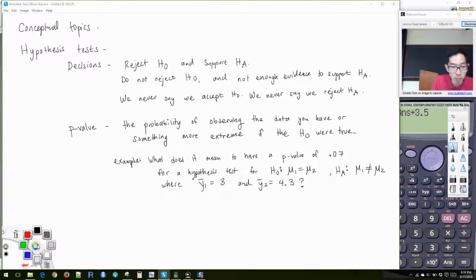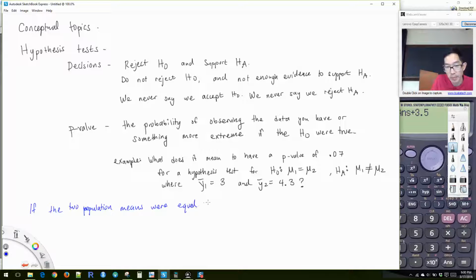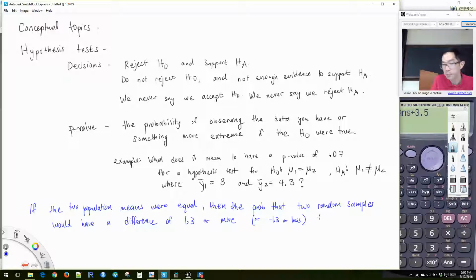This means that if the two population means were equal, then the probability that two random samples would have a difference of 1.3 or more, or negative 1.3 or less, is 0.07.